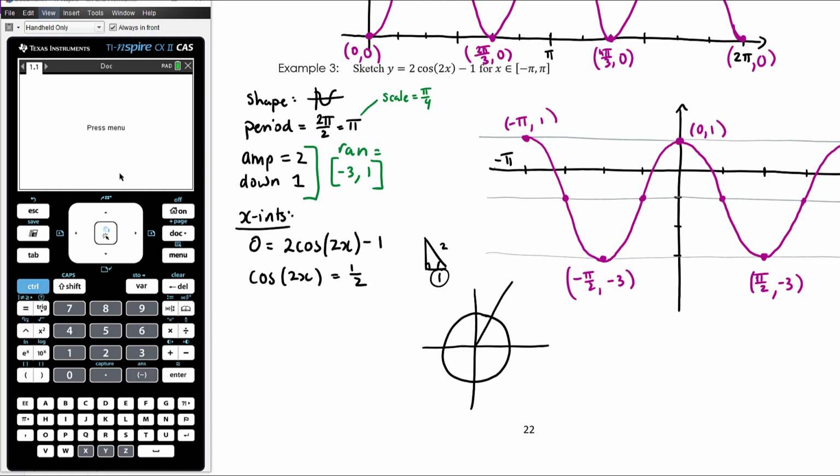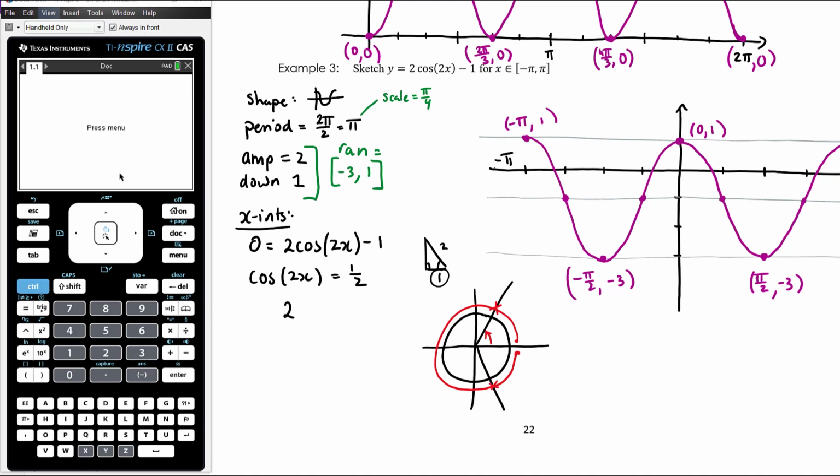Now again, I could think really carefully about my domain, and I know that I need my final answers all between negative pi and pi, therefore I need my answers for 2x to be between negative 2 pi and 2 pi, but I'm just going to find them between 0 and 2 pi, so that I've got the final answers between 0 and pi, and then I'm going to use the symmetry of the graph to find the other ones. So just doing one lap of my unit circle from 0 around to 2 pi means I'm going to get pi on 3 and 2 pi minus pi on 3.